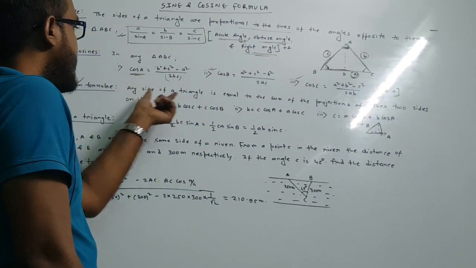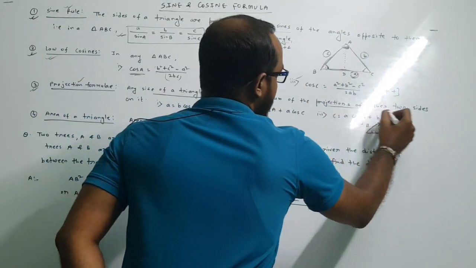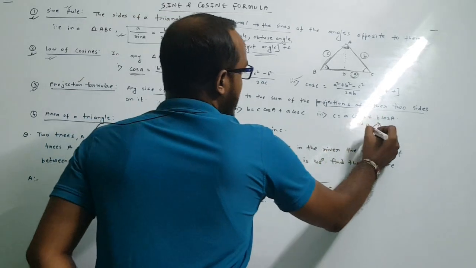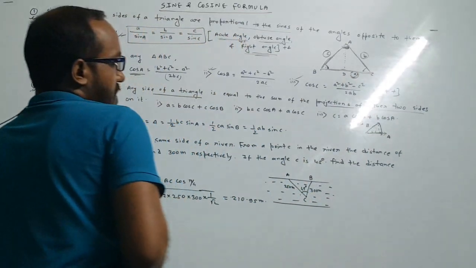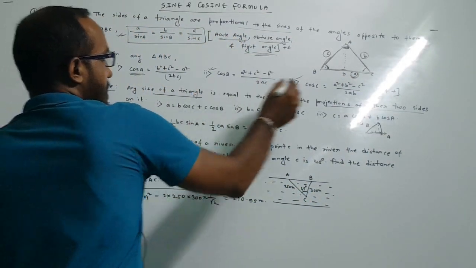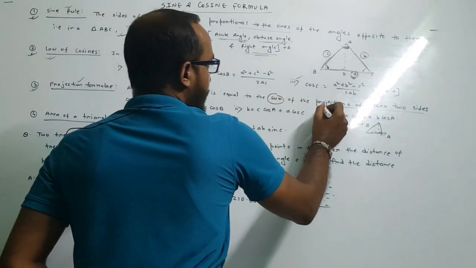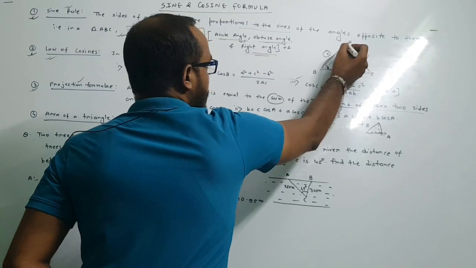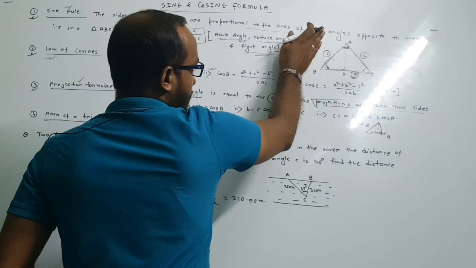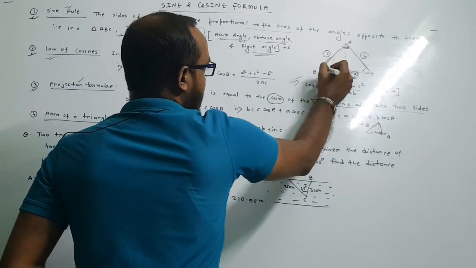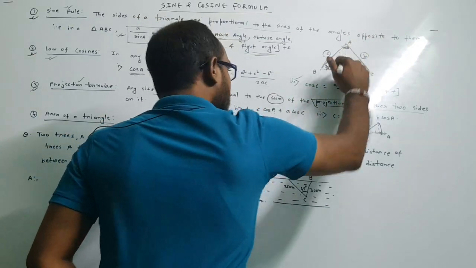In any side of triangle, the length is equal to the sum of the projections of the other two sides. Let us say we want to find out this side A. It is equal to the sum of the projections of the other two sides, the projection of B and the projection of C on A. Projection of C on A would be C cos theta, let us say this is theta angle, and projection of B on A is B cos theta.